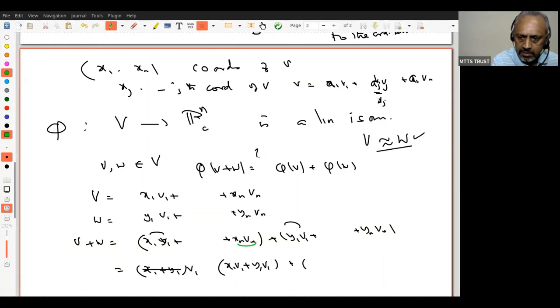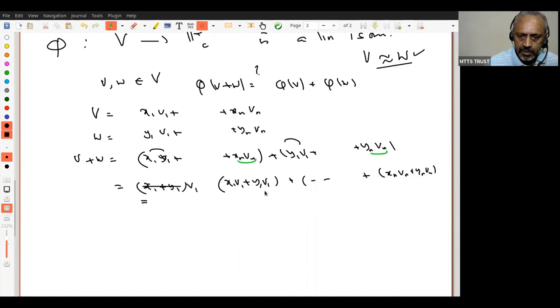Now I consider these two, then what will I get? Dot dot dot plus xn vn plus yn vn. But that is equal to, again using properties of vector spaces, x1 plus y1 times v1 plus dot dot dot plus xn plus yn times vn.